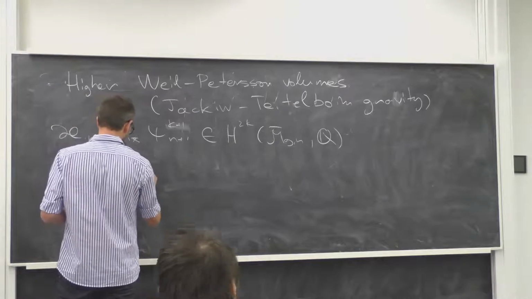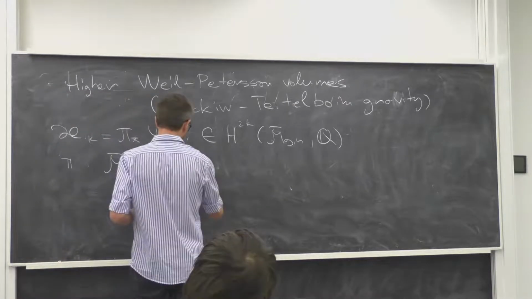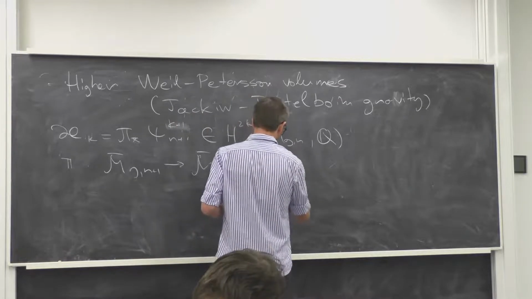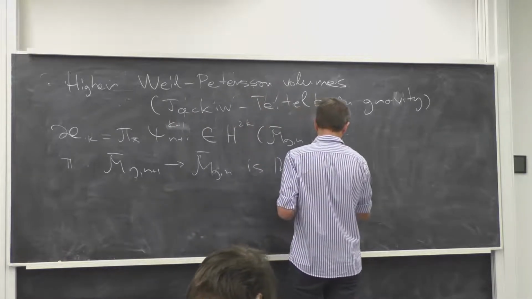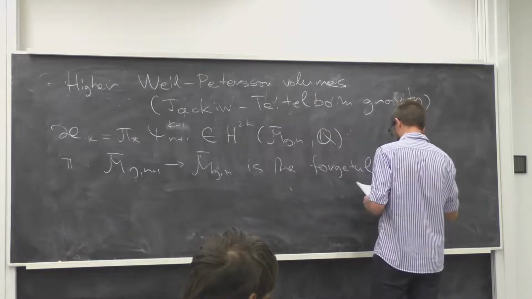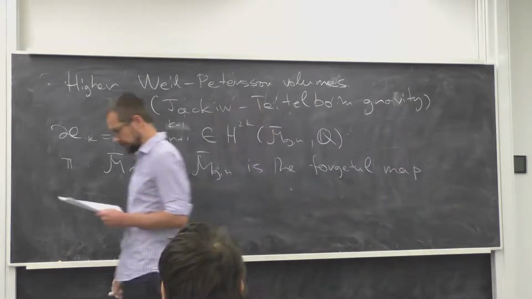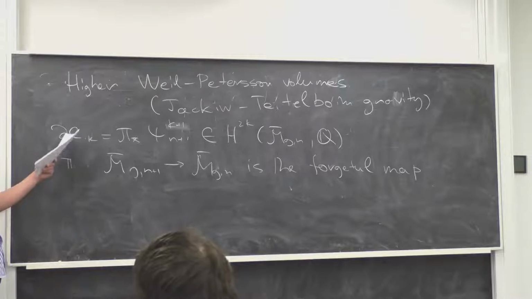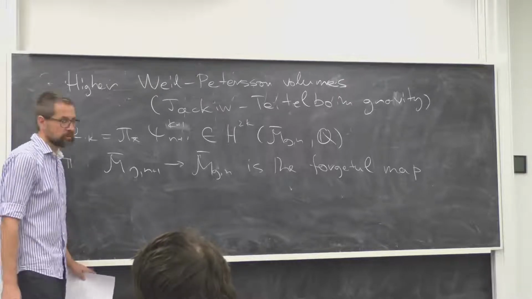Here g plus 1 and pi is the forgetful map. And now we want to consider the intersection numbers of all possible combinations of kappa, psi, and theta classes.